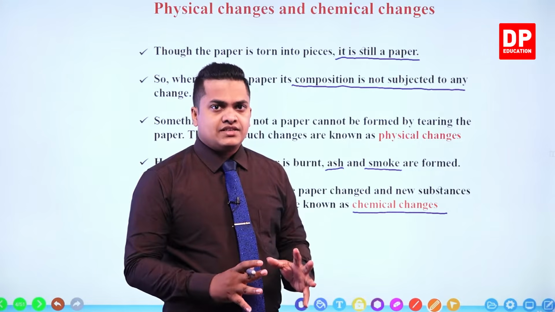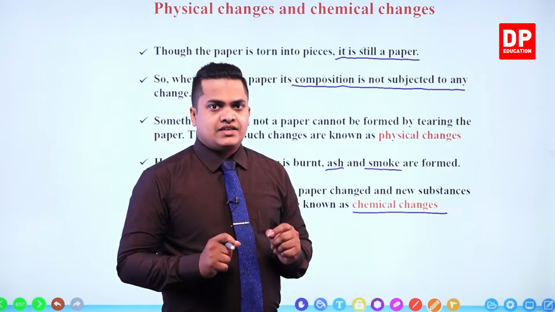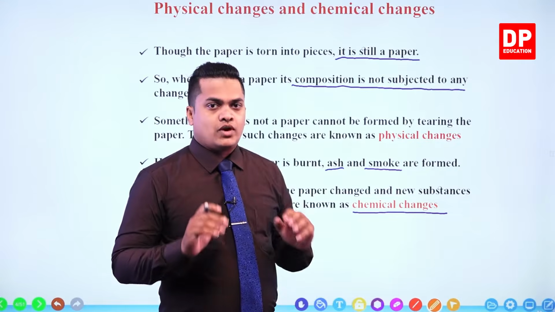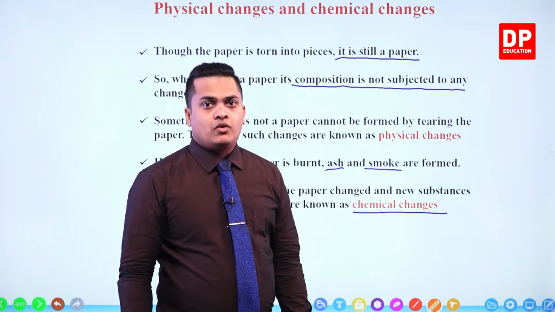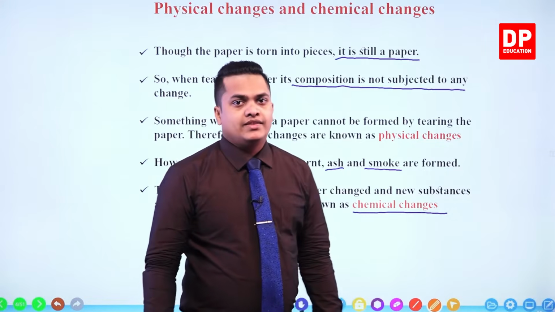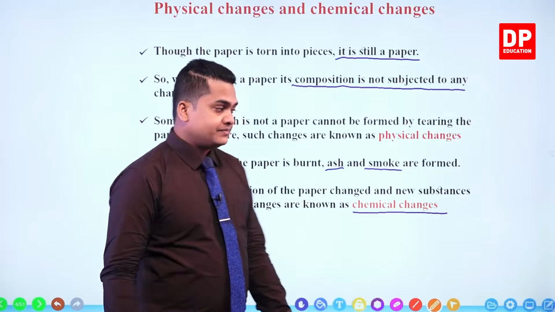In a physical change, we can revert it back to the original state. In a chemical change, we can't. So I hope you got a good idea about physical and chemical changes. Then we'll move on to the next slide to observe the other contents in our lesson.